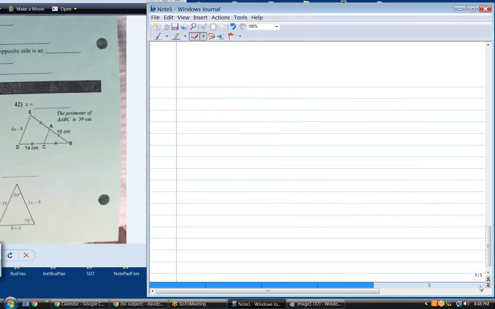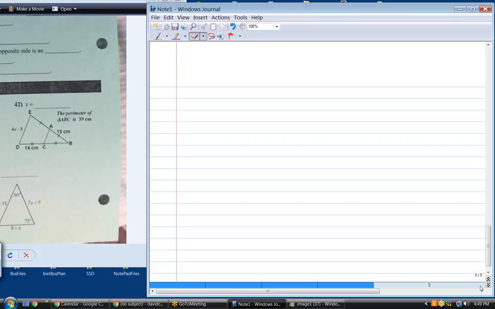Okay. And 42. What is true about line AC with regards to the larger triangle?